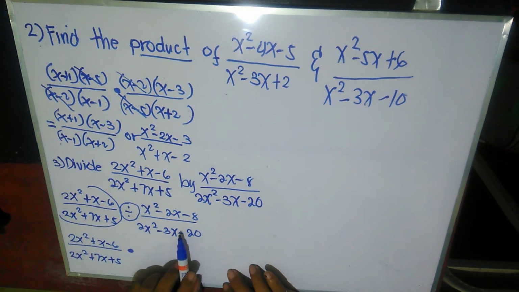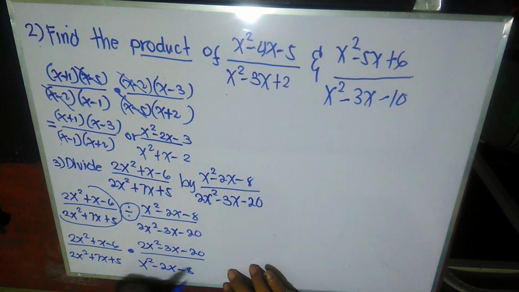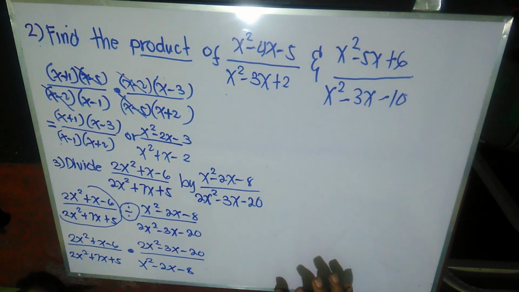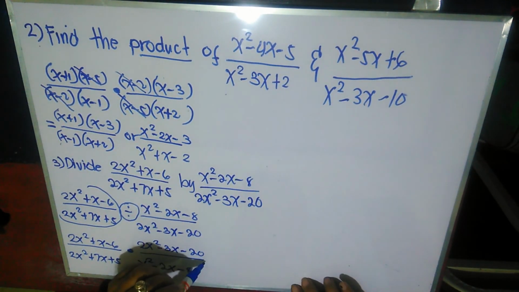Then use the reciprocal of the second fraction. So the reciprocal of this second fraction is 2x squared minus 3x minus 20 over x squared minus 2x minus 8. Then after that, you have to factor all the expressions.